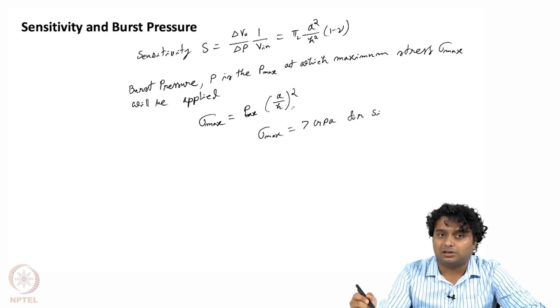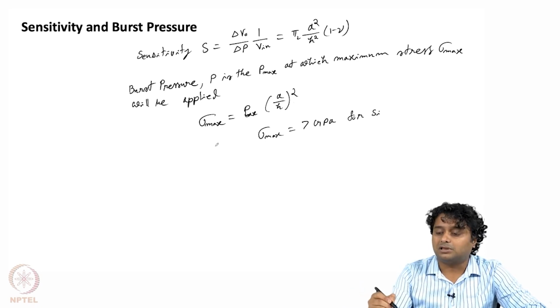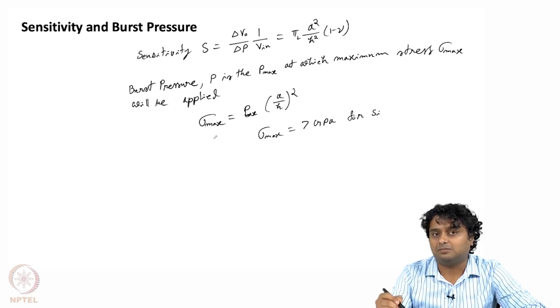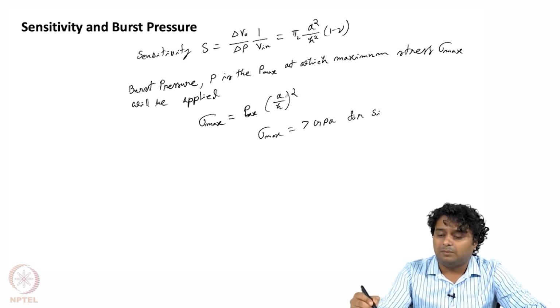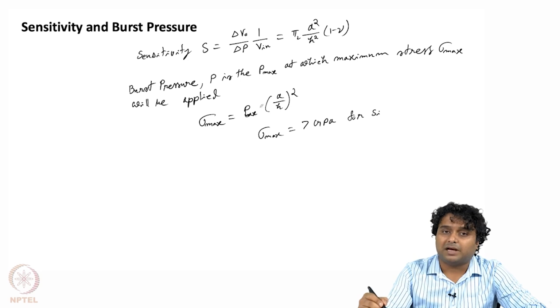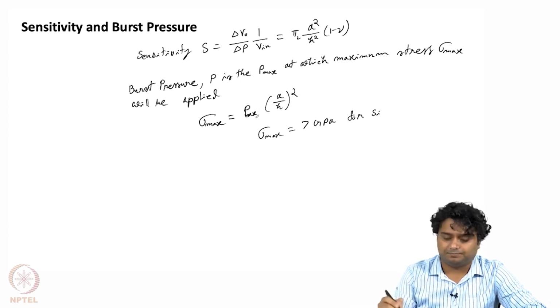So it is not a constant term for a material. The constant is sigma max, the maximum stress it can withstand, but even if sigma is constant, silicon membranes can be of different sizes. One membrane can be 10 micron with 1 micron thickness, another 100 micron with 1 micron thickness, and in both cases the maximum capability of withstanding pressure will be different.